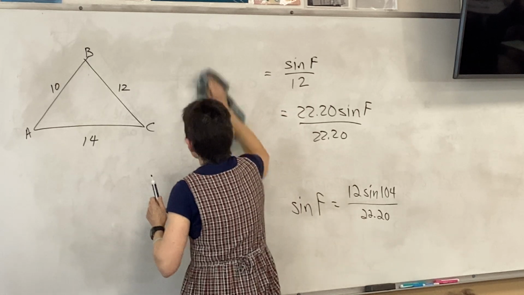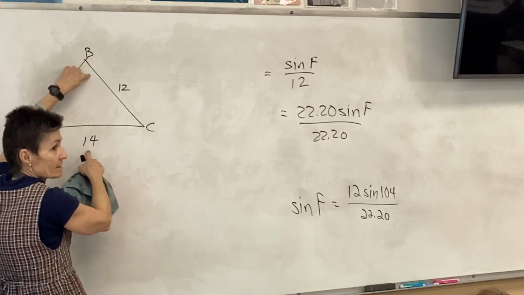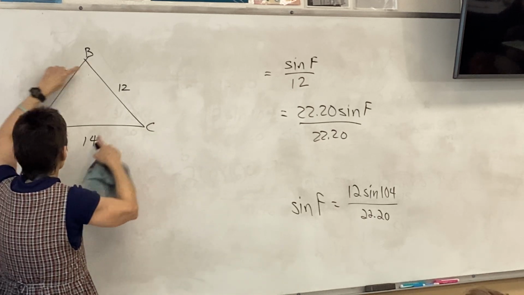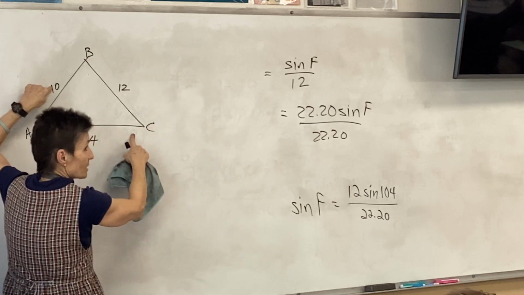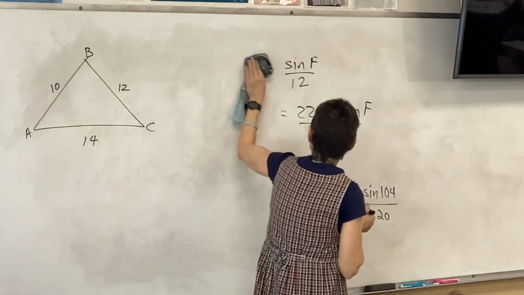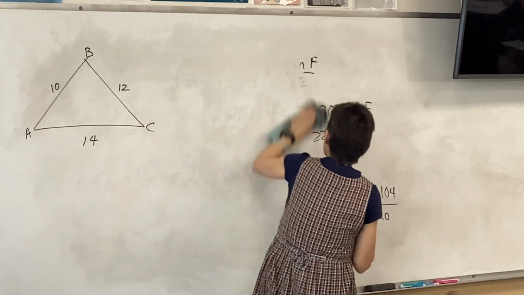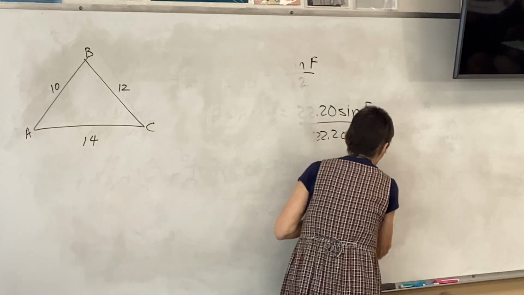You need a set. So you have to look at your picture and say, okay, do I know both of these? No. Do I know both of these? No. Do I know both of these? No. So therefore, we will not be doing the law of sines. And that means we have to use the law of cosines.